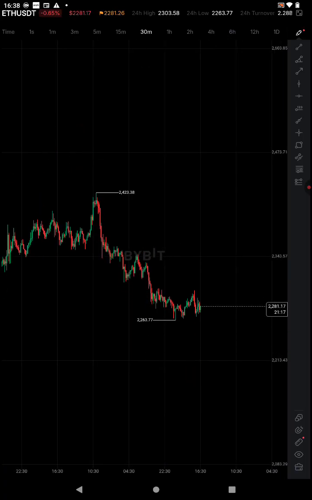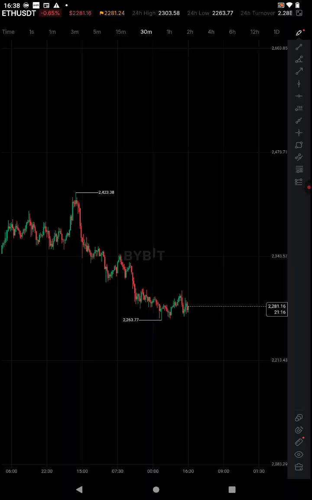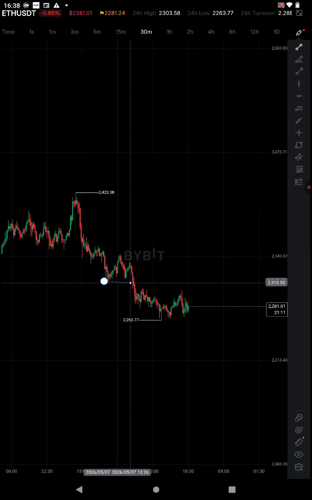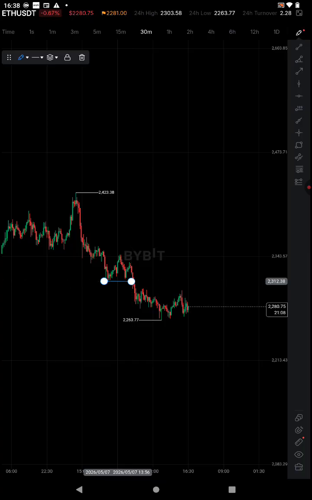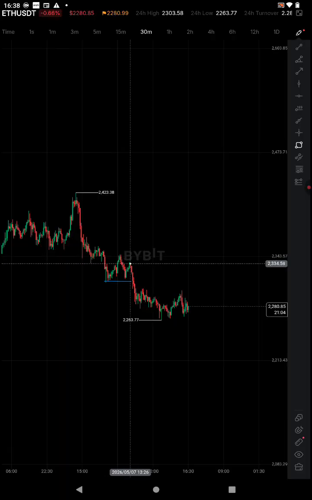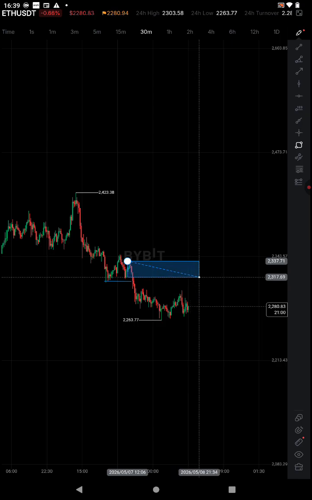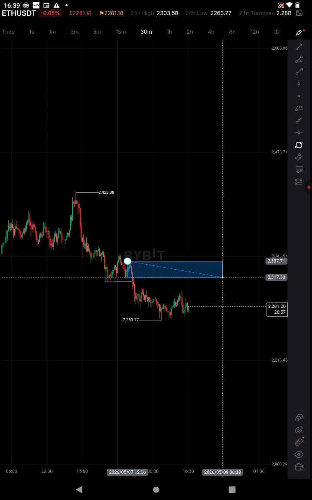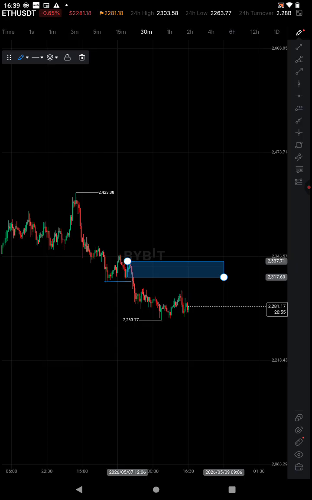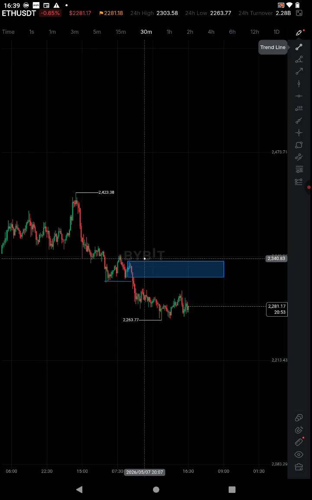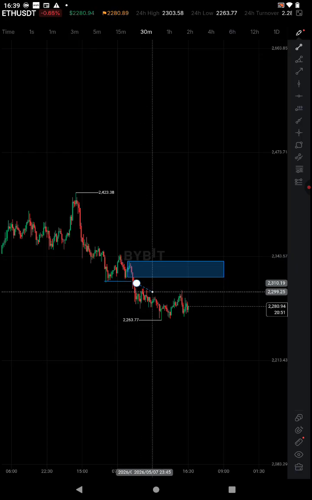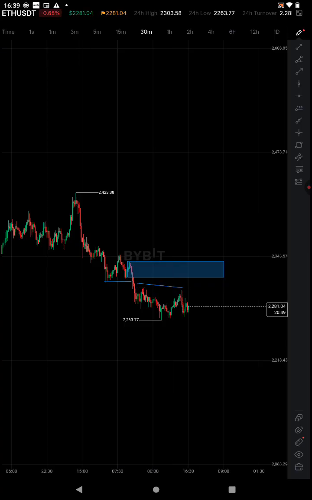And if I was to enter this trade, I'm already seeing that there is a break of structure somewhere around here. Break of structure, and here's another block, an enticing one, and we have our liquidity levels right here.